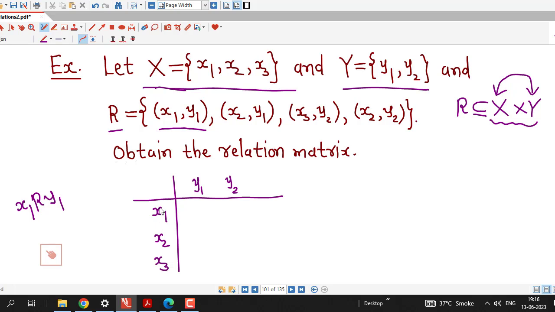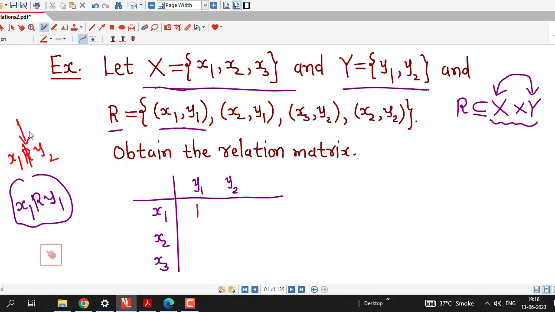So if x1 is related to y1, then the entry corresponding to that ordered pair is always 1. If x1 is related to y1, I am putting 1 here. Now another ordered pair possible here is (x1, y2). But (x1, y2) is not in this relation. That is, x1 is not related to y2.